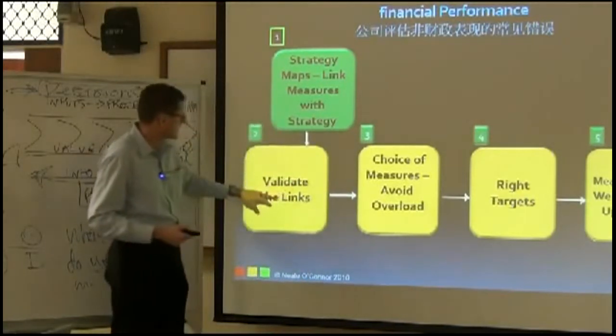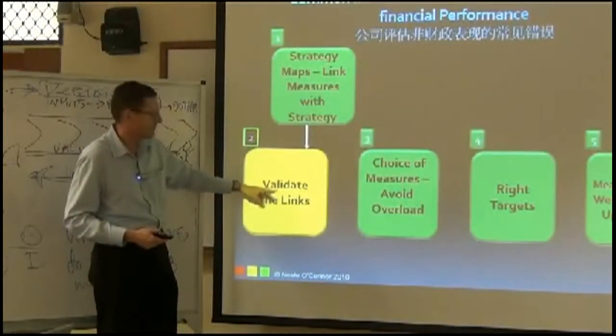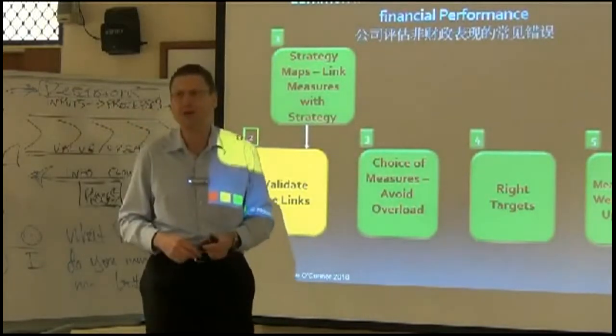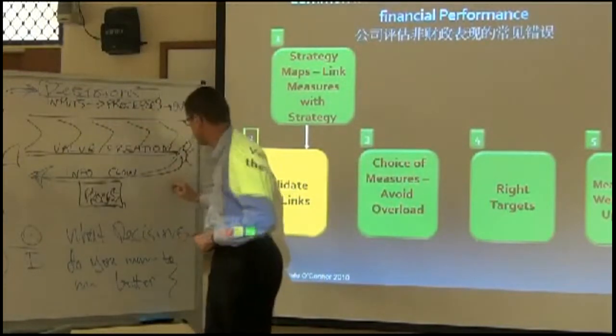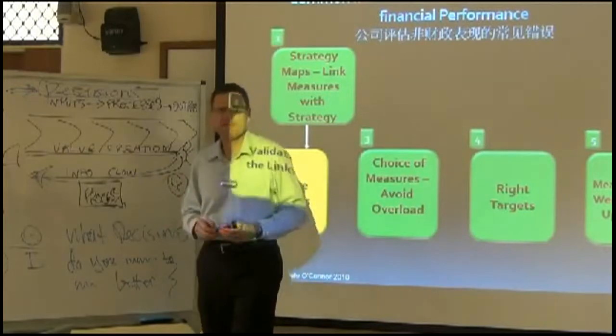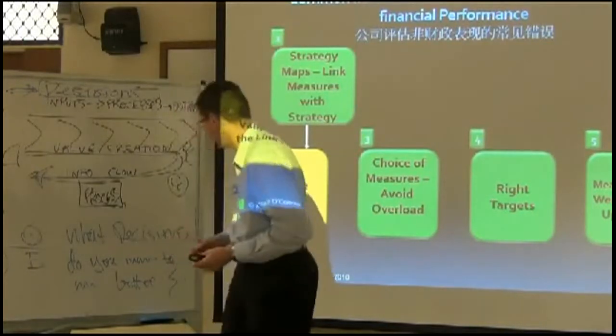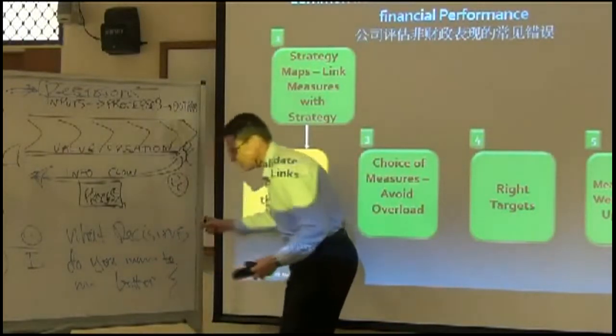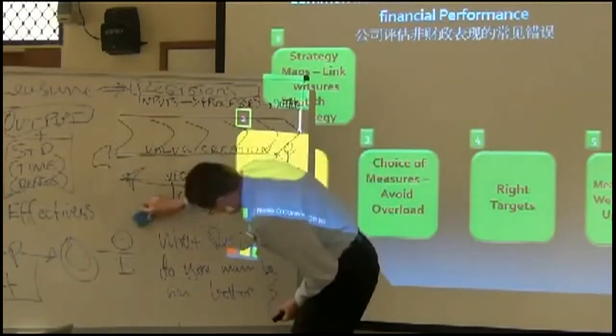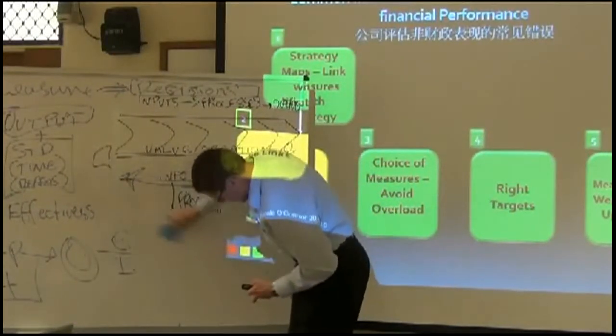Well, next they fail to validate the links. Validate the links. You know that. We already did that in chapter 4. Remember chapter 4? Remember the Hilton Hotel example? I think you remember that. Validating the links.